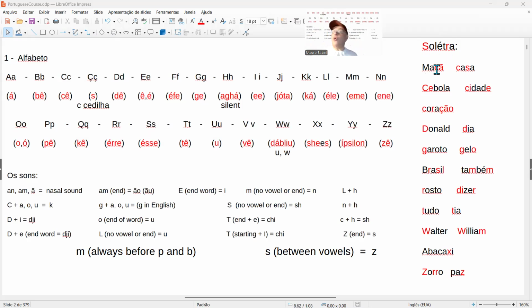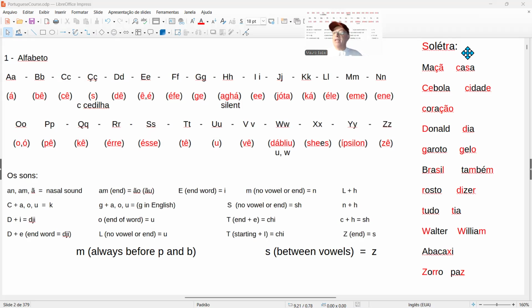So how can you know if it's soletra, soletra? You know it's soletra because the accent is right here on the E. Take a look at the R. The R is here, you can't use the original sound.